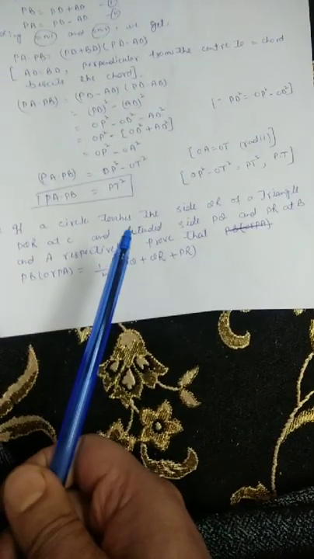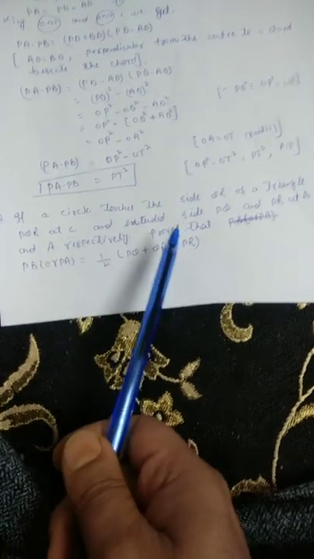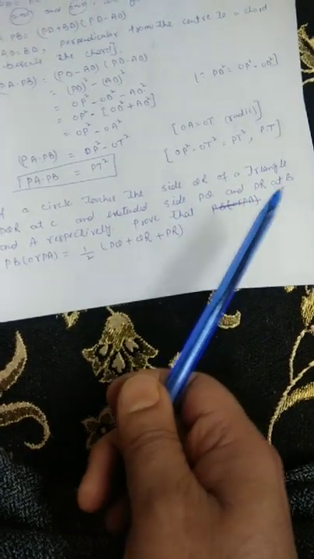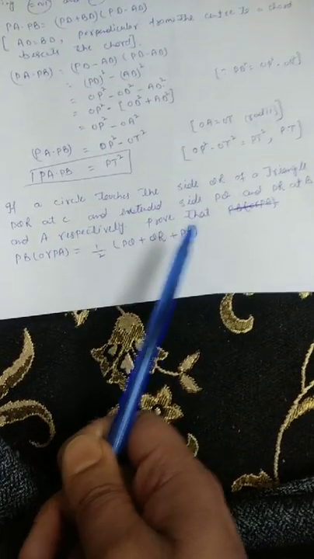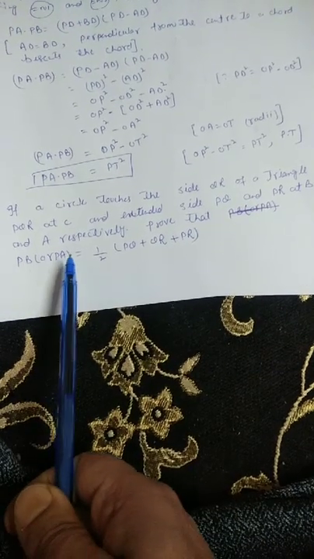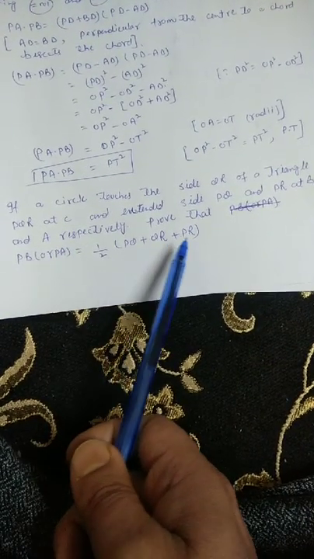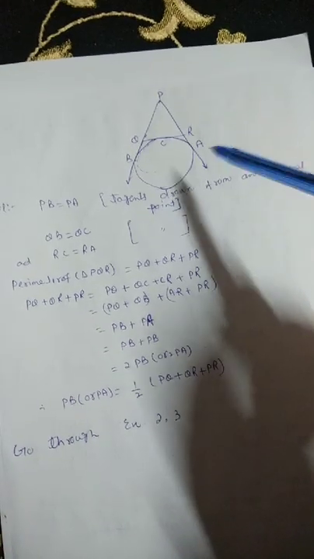One more question for you, my dear students: if a circle touches the side QR of triangle PQR at C and the extended sides PQ and PR at B and A respectively, we have to prove that PB or PA is equal to half of the perimeter of triangle PQR. That is, we are given a triangle PQR.